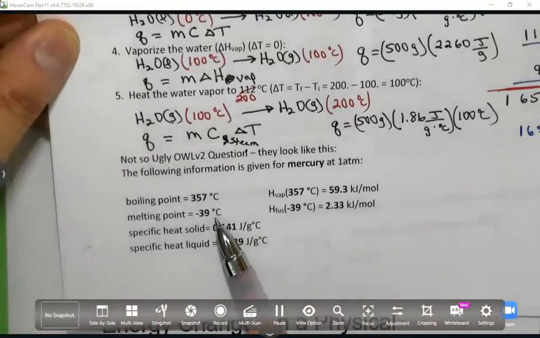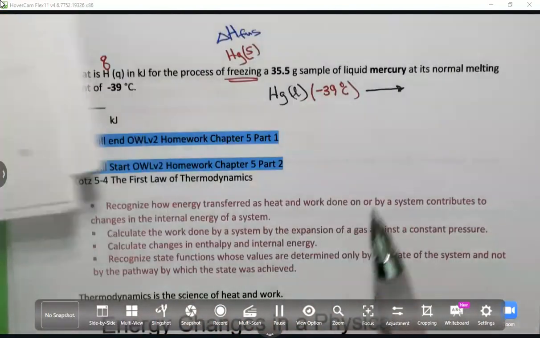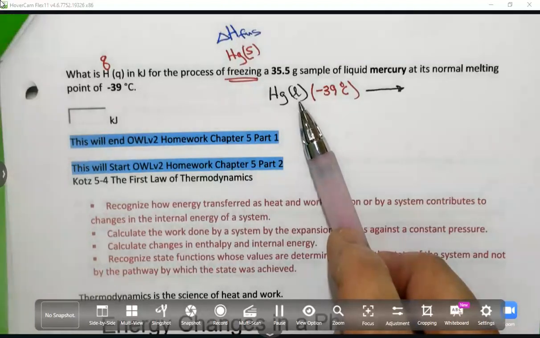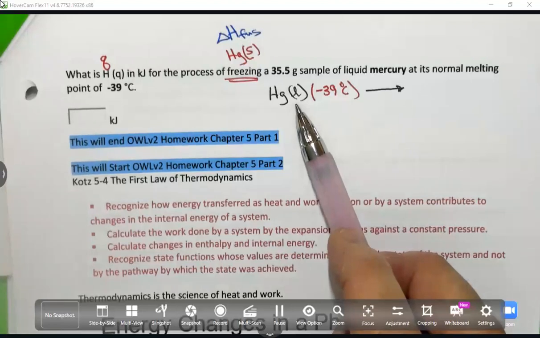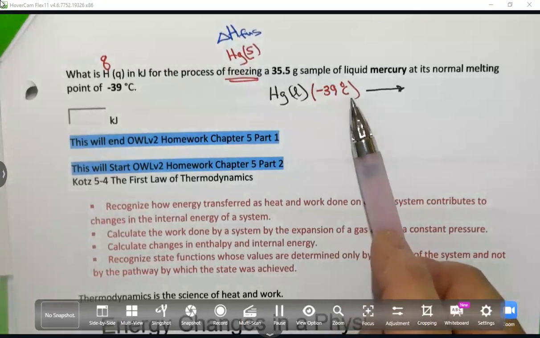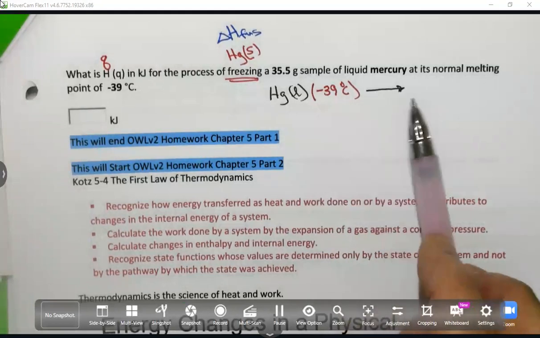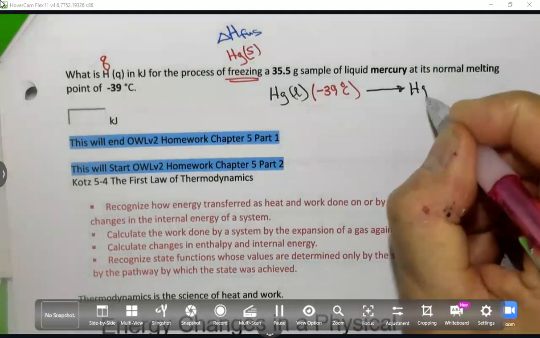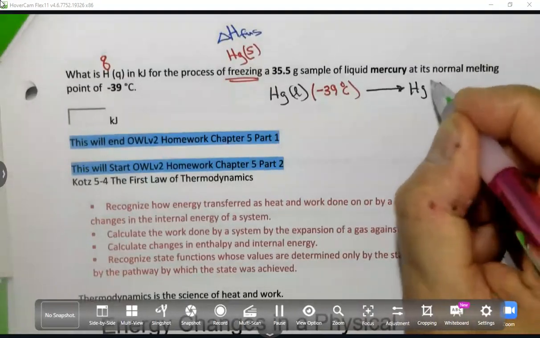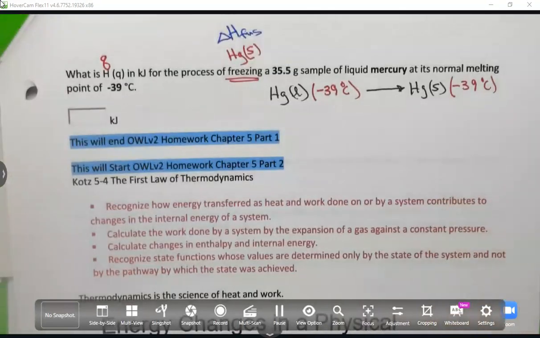So I'll give you all this information. So right now, hopefully you know mercury's a liquid, right? All we have to do is take energy away to change this to mercury solid. And that is at negative 39 degrees Celsius.